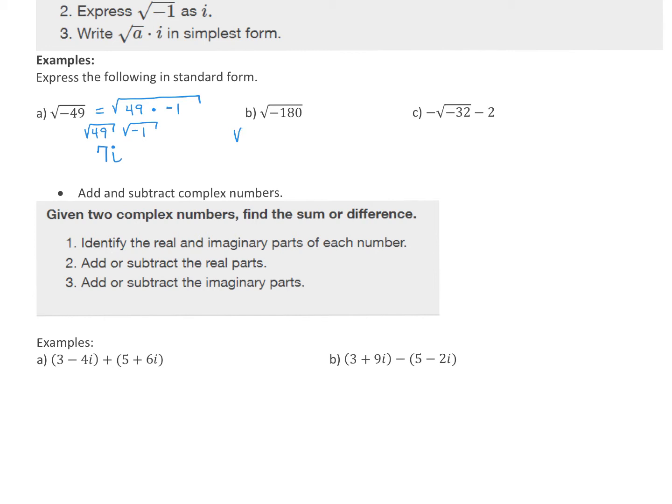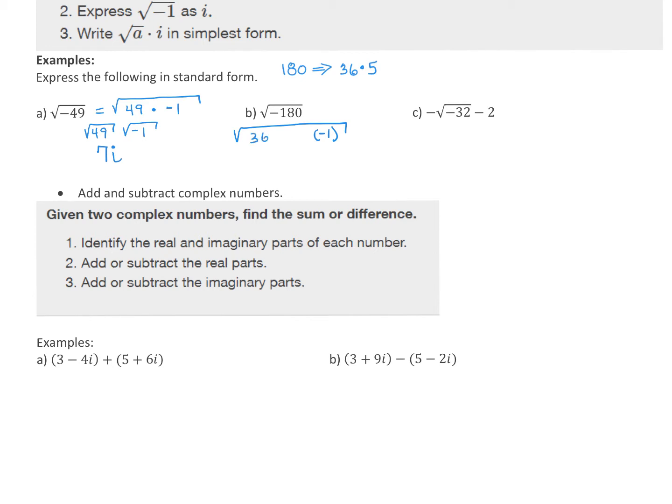Similarly, we can take the square root of -180, but 180 is not a perfect square. So I do want to think of 180 as a product of its largest perfect square factor. So I'm going to think of 180 as 36 times 5.